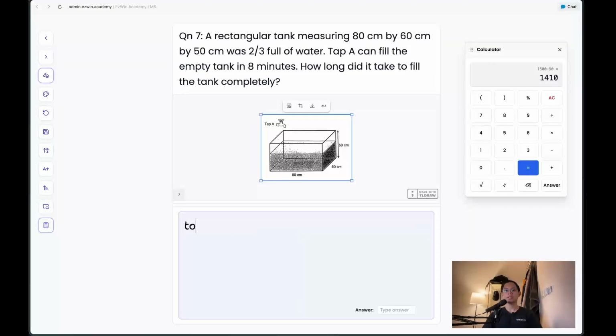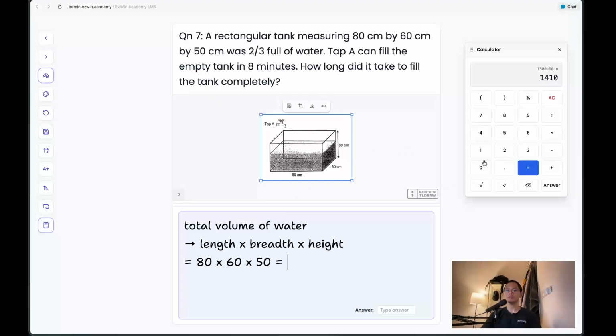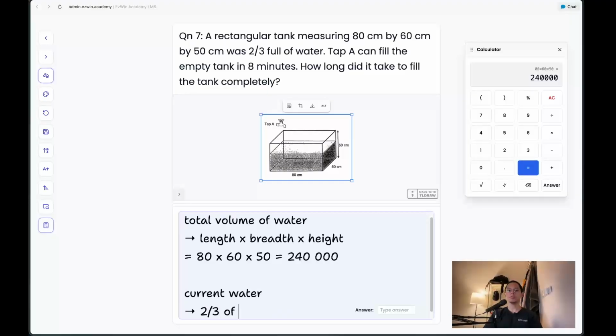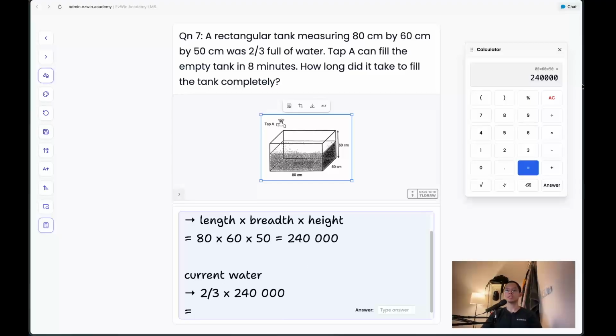So that means the total volume of water is basically length times breadth times height, which in this case is 80 times 60 times 50, and this is equal to 240,000. So current water would then be 2/3 times 240,000, and this will give us 160,000 centimeters cube.